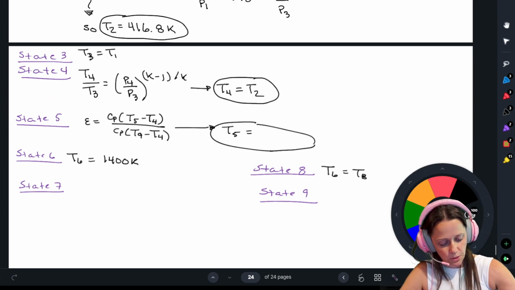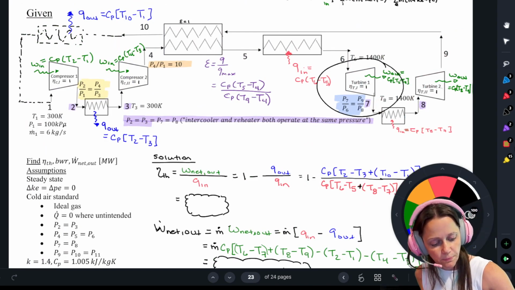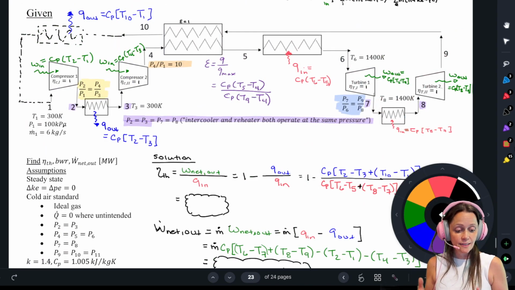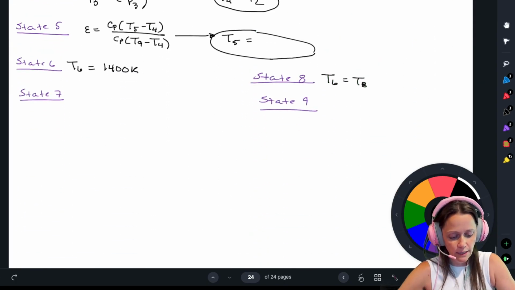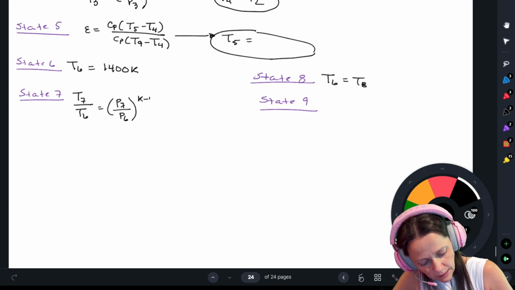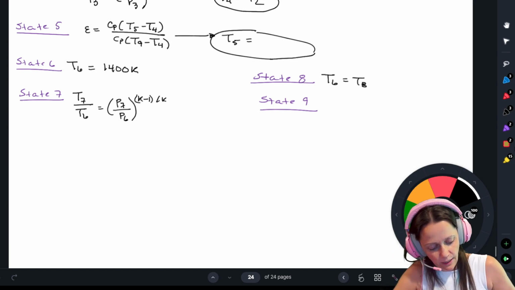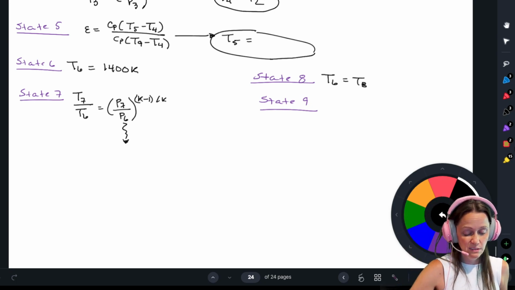All right, so let's go back. I know from 6 to 7, I've got an ideally isentropic process, so I can use an isentropic relationship. So T7 over T6 is equal to P7 over P6 to the K minus 1 over K. What's P7 over P6? Well, let's see.